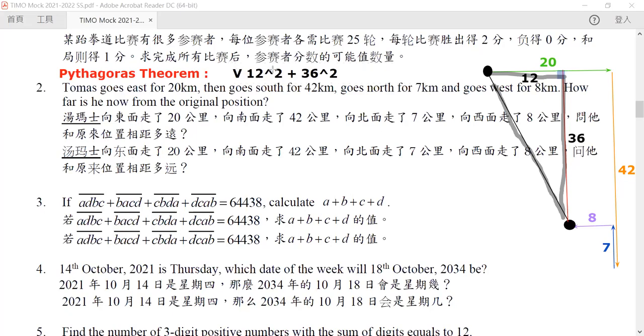So by the Pythagoras theorem, this would be our answer. Since 12 and 36 have a common factor of 12, we can take it out. And hence we get 12 times root of 10. So our answer is 12 times root of 10.